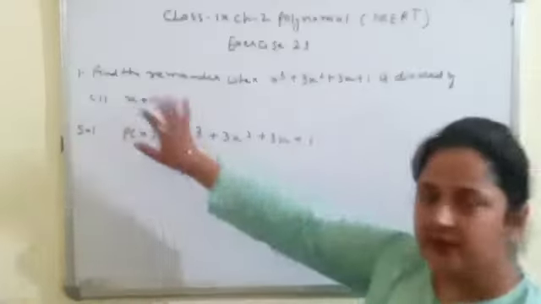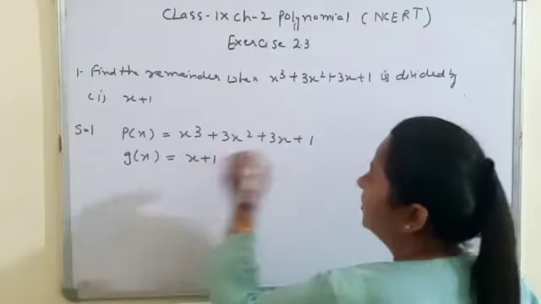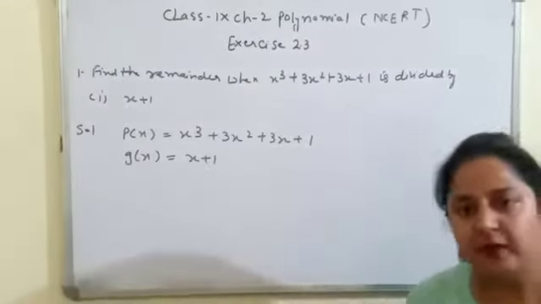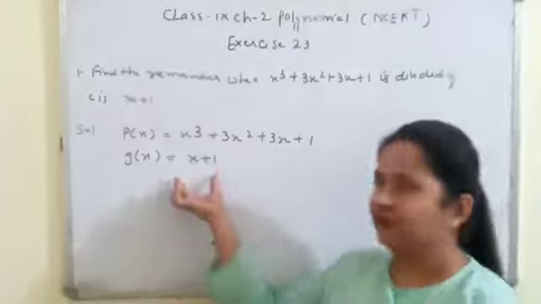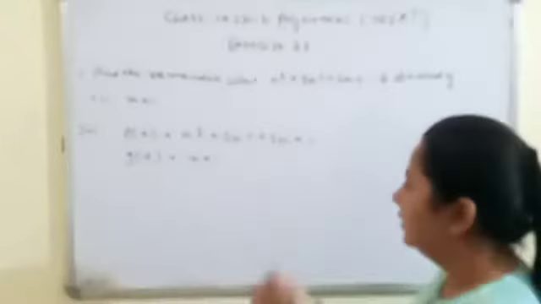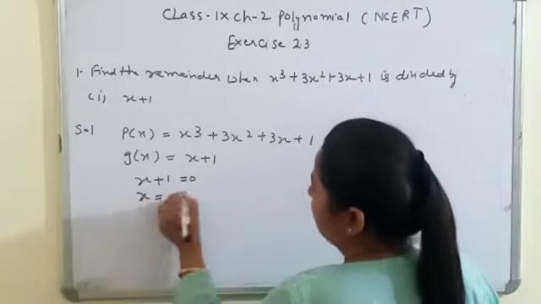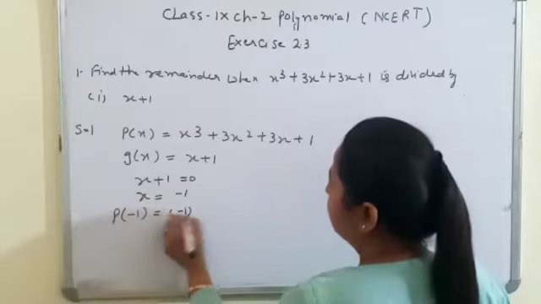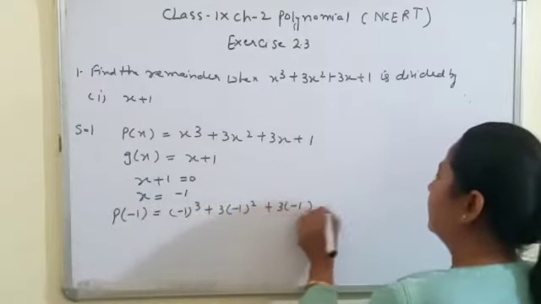Now this is the divisor. We have to find the remainder for this polynomial as per the rule of the remainder theorem. We will find the zero of the divisor. The zero of it is minus 1. Now substitute minus 1 in the given polynomial.